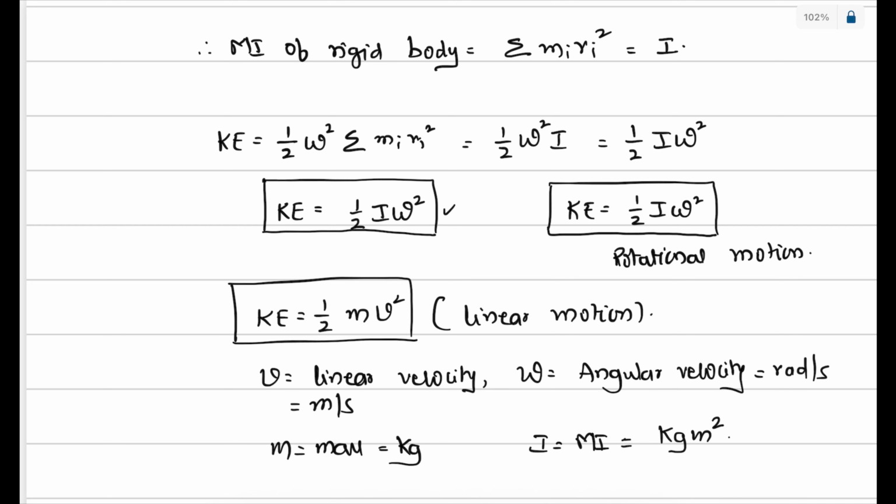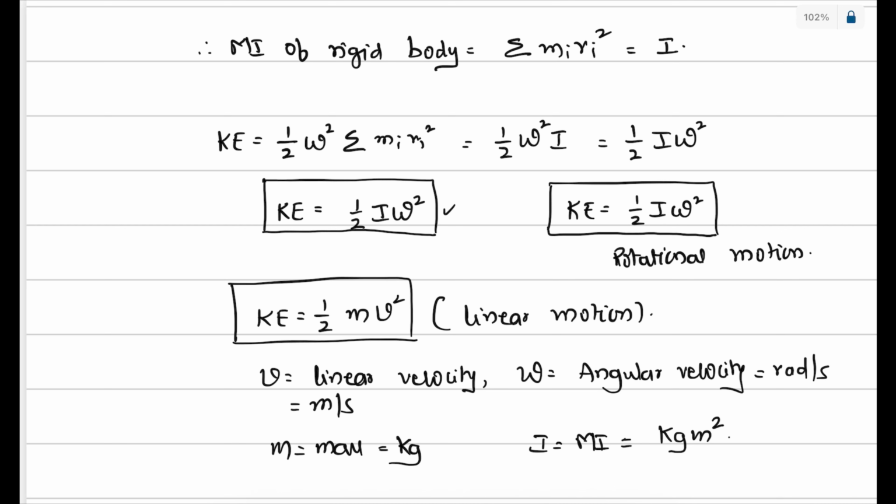This is what the lecture is about: deriving and understanding the kinetic energy of a rigid body and comparing it with the kinetic energy formula of linear motion with the angular motion. I want to stop this lecture with this.